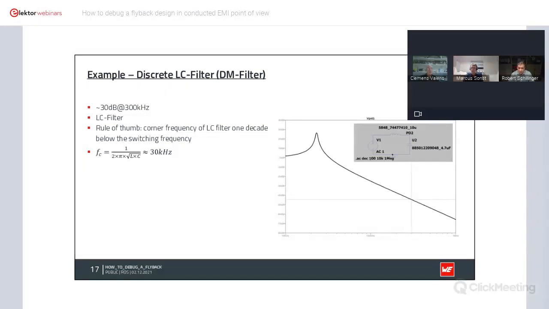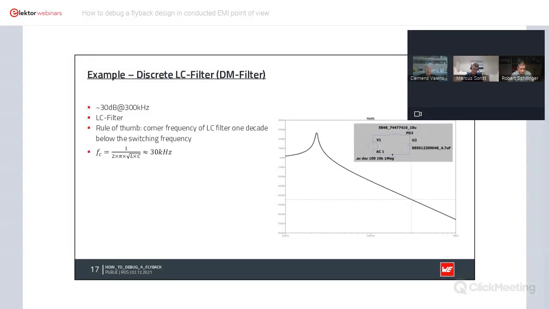The next part is to do something against the differential mode, and for this a simple LC filter will be enough. You can calculate this by reading the simulation diagram. If you remember, at 300 kilohertz we need around 30 dB.